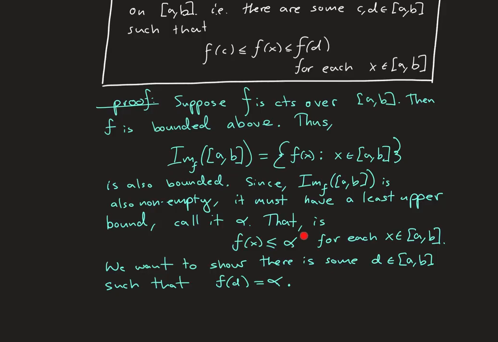Because then I could replace this part with f of d, and that'll get us this part of the proof. I'm not going to prove this other part. It's very, very similar. This video would be gargantuan if I proved both of these. But, okay, so let's see. We want to show that there's some d in here such that f of d is equal to the supremum. Suppose, okay, so we're going to say suppose not, or suppose there isn't.